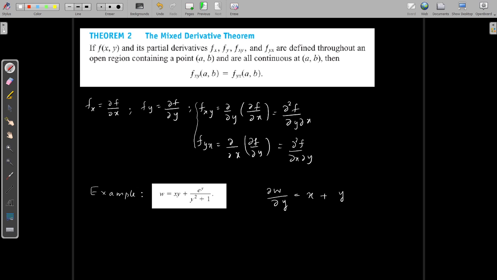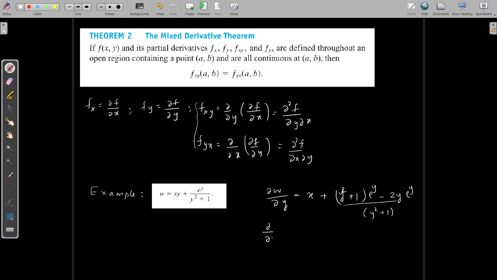That can be obtained by using the quotient formula: y square plus 1 into the derivative of e raised to y, that is e raised to y, minus the numerator into the derivative of the denominator, that is 2y into e raised to y, whole divided by y square plus 1 squared. So this is the derivative of w with respect to y first.